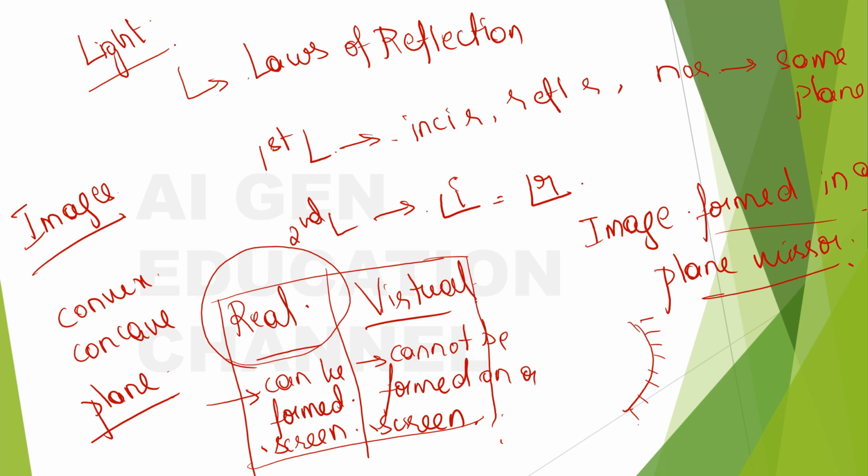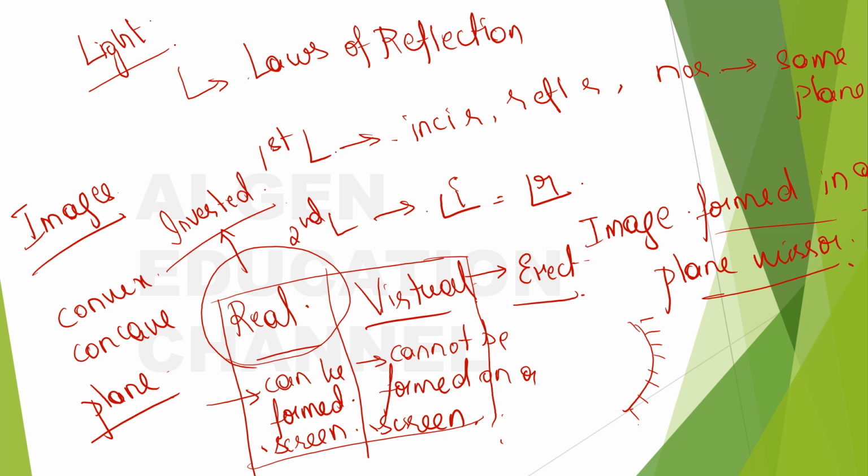The other important thing is that the real image will always be inverted. When you put something, you will see it upside down. That is the meaning of being inverted. So real images are always inverted, whereas virtual images are always erect. It means they appear in a normal manner.